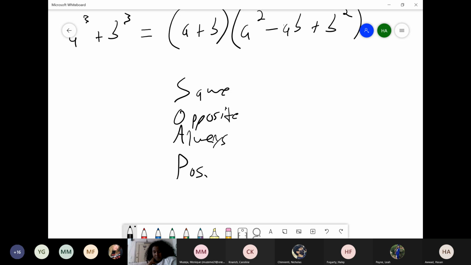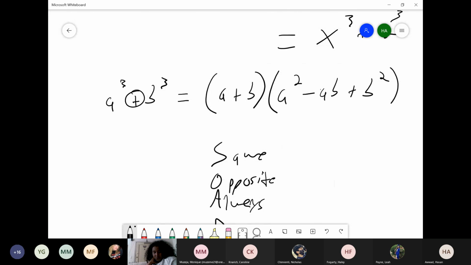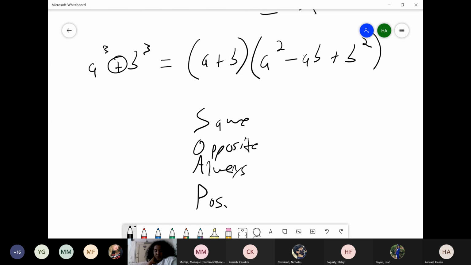What this refers to is the signs of each term going forward. We have a cubed plus b cubed. It is very important to note the sign between the cubes. According to SOAP, we know it's going to be in the form of a and then some sign b. In this case, we had a plus, so notice same sign.